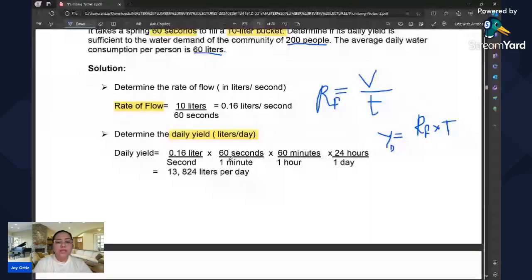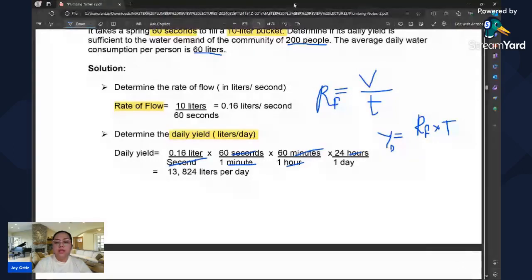Kaya nga, makakancel natin to. Tapos, 1 minute, kailangan daw is per day. So, alisin natin yung R. Kaya, magkakaroon tayo ng sagot na 13,824 liters per day.